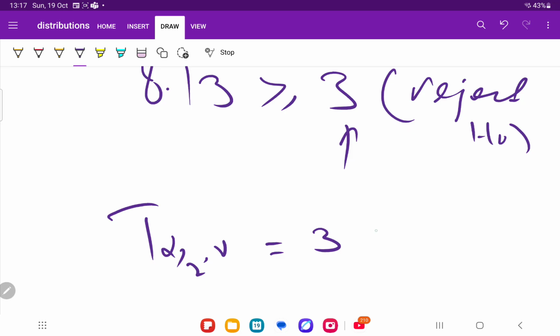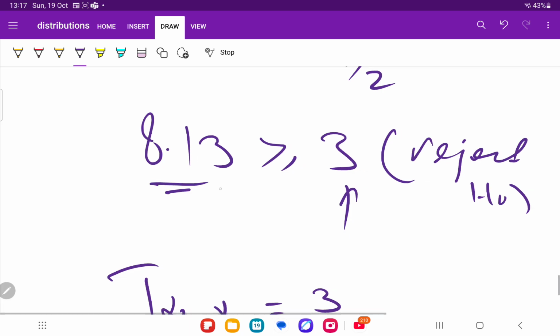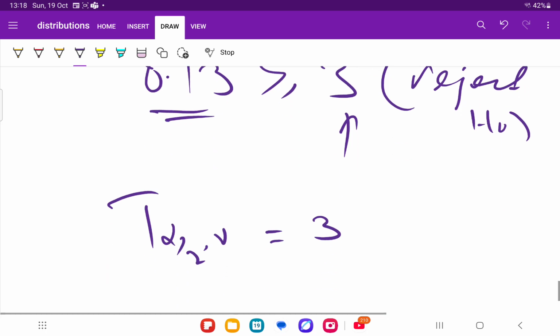So 3 is the maximum value I am considering, and still our 8 is greater than 3. Okay? I am just telling you I am considering the maximum, even if I consider alpha as 1%. Even if alpha is 1%, the maximum that could be obtained is 3.